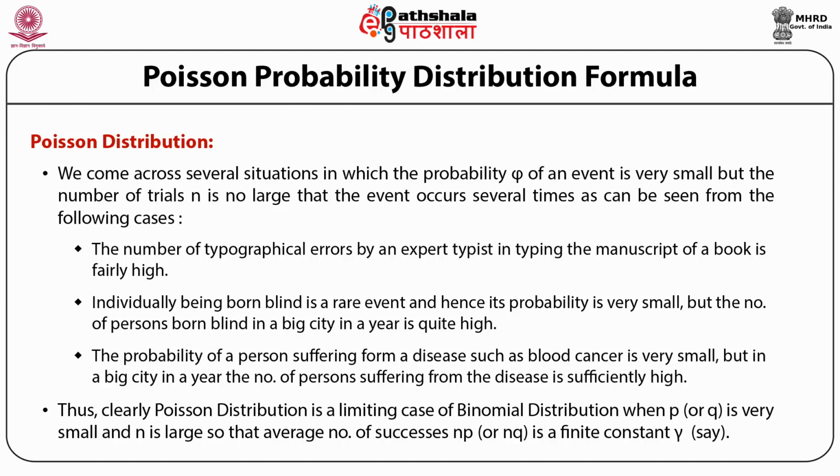In the binomial distribution, the probability of r successes is given by b(r, n, p), that is, the binomial distribution with parameters n and p. This is equal to nCr p raised to power r, and in the limiting case np becomes m, that is the mean.